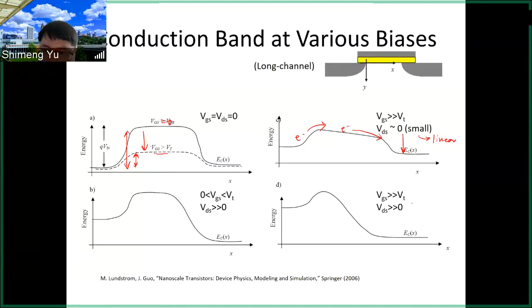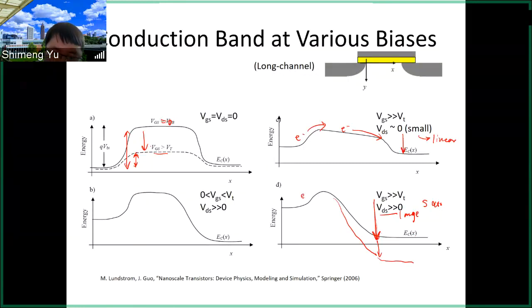And we can consider the saturation region when we have a large drain voltage. So if this drain voltage is large, the difference here is that you will have a large drain voltage to push down the band towards the drain. But the saturation will happen because even though you have a steeper slope here with larger drain voltage, if you further increase the drain voltage, then you are going to have an even steeper slope.